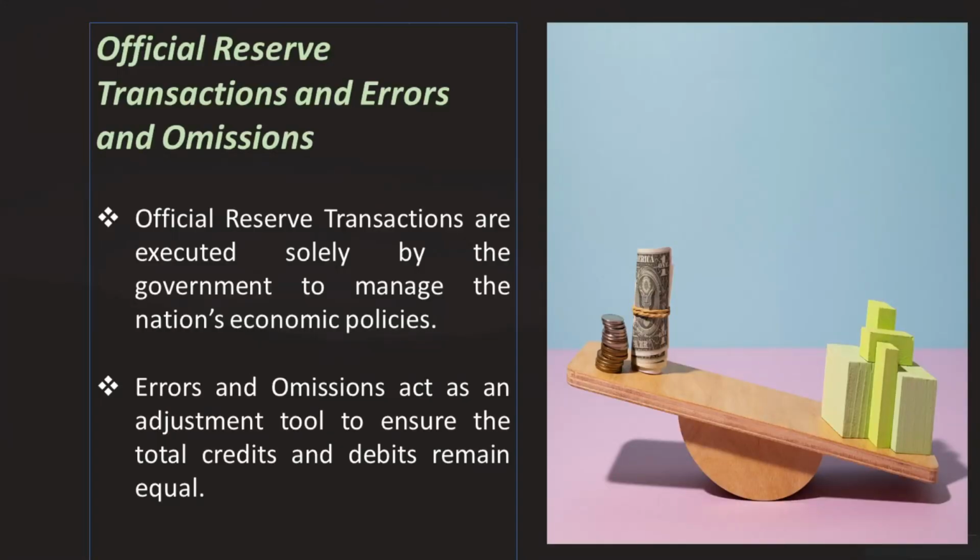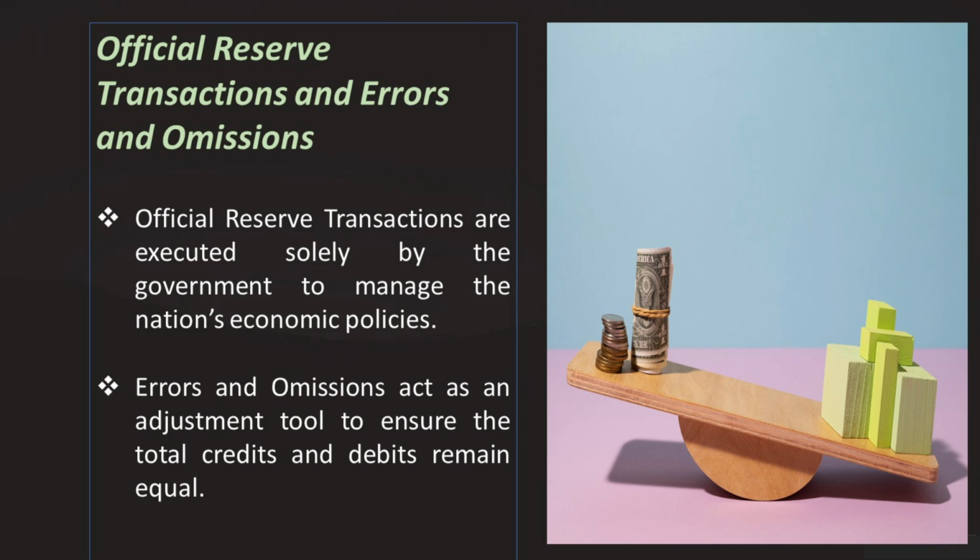Now, after discussing the current and capital account, we will discuss the official reserve transaction. What is an official reserve transaction? Unlike other transactions, official reserve transactions are executed solely by the government to manage the nation's economic policies. So, this section records changes in a country's liquid and non-liquid liabilities.